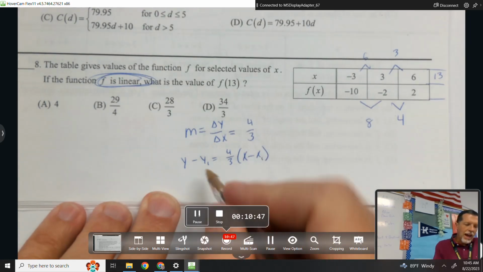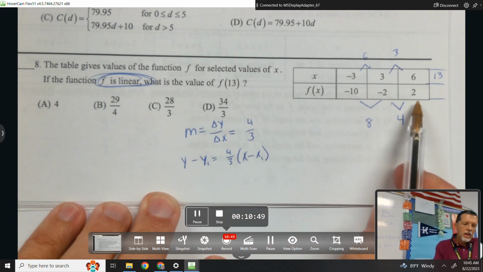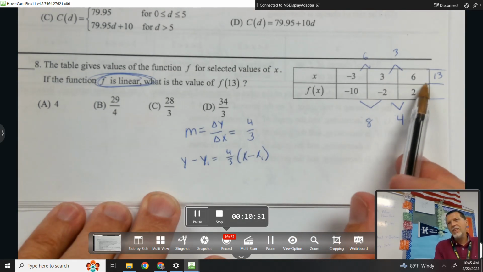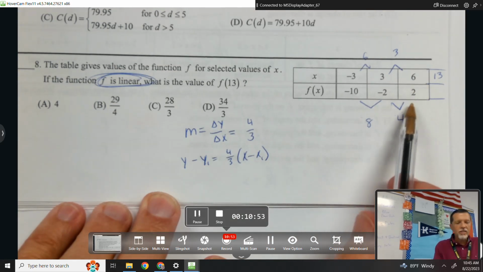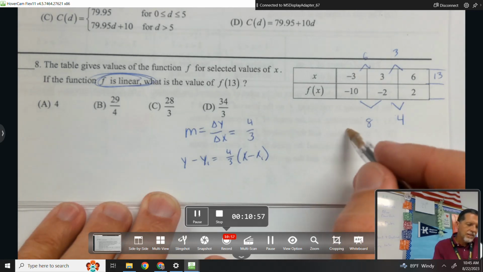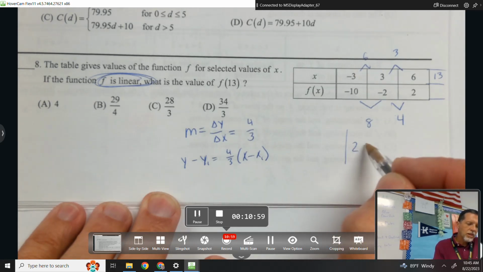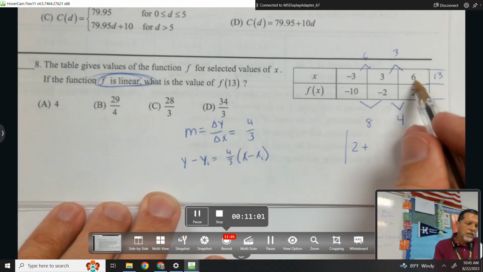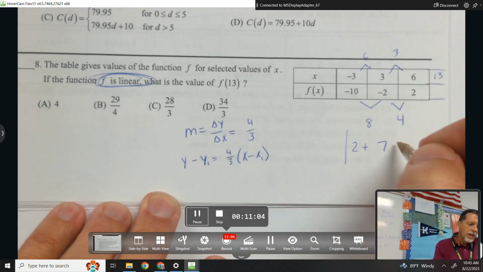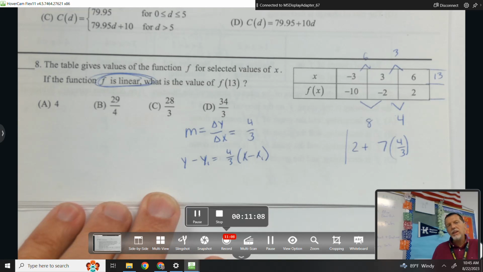Yeah, you probably have. It's just been a while. The other thing is to just say if I'm starting at 2 and I'm going 7 away and my slope is 4/3, could do it like that. That would land me there.